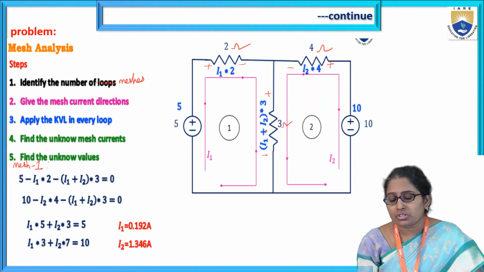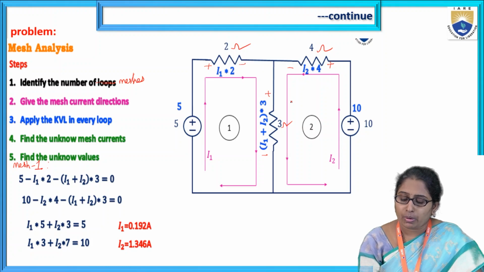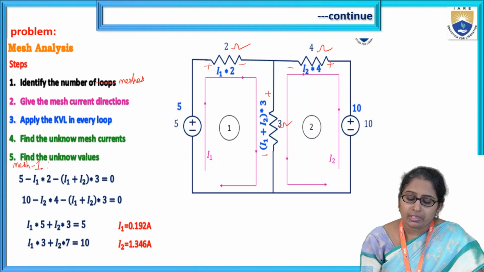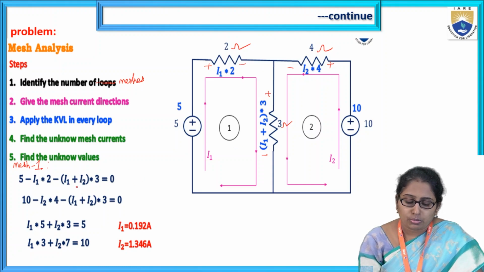Look at the directions of I1 and I2. I1 is moving from top to bottom, and I2 also goes through the 3 ohm resistor from top to bottom. They are both in the same direction, so the current in the 3 ohm resistor is the addition of those two currents. So minus 3 into I1 plus I2.